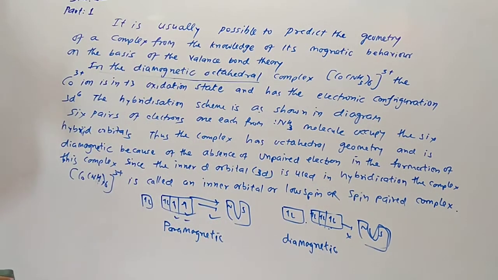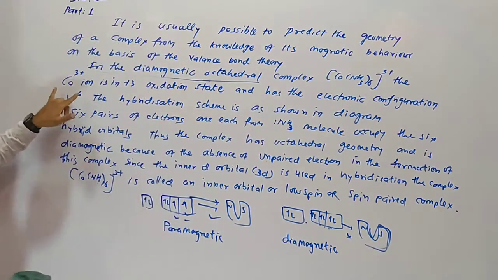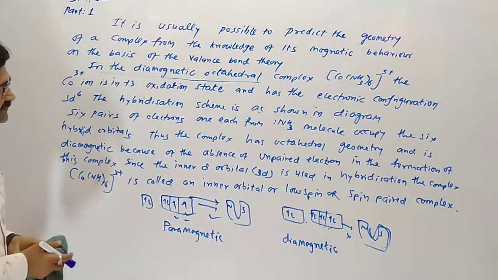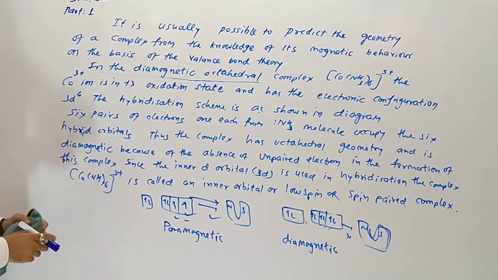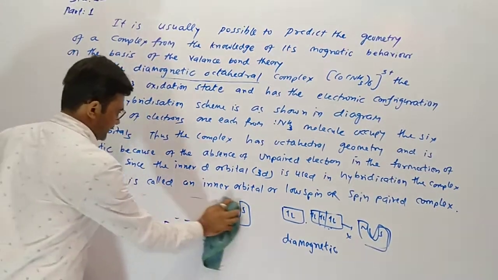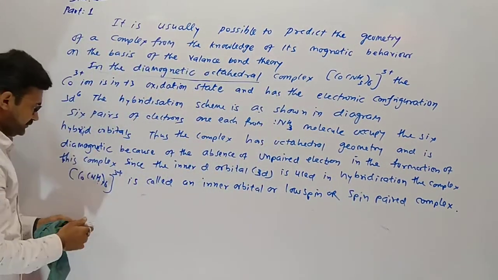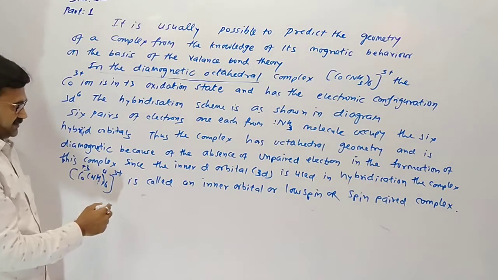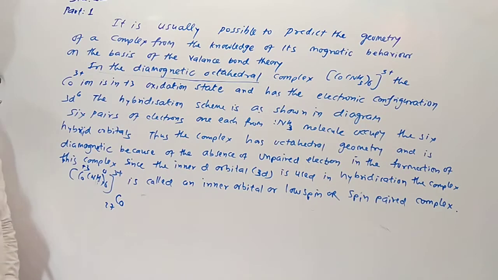In the diamagnetic octahedral complex, the cobalt 3+ ion is in the +3 oxidation state and has the electronic configuration 3d6. How? You can see, in Co(NH3)6 3+, cobalt has a +3 oxidation number. The atomic number of cobalt is 27.